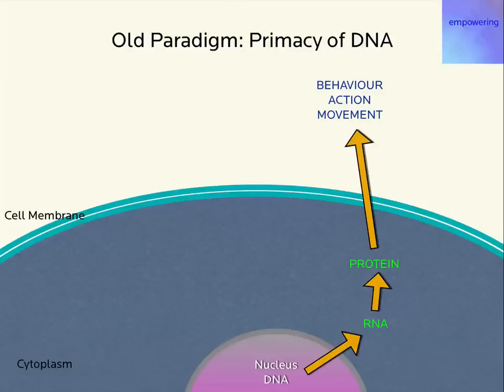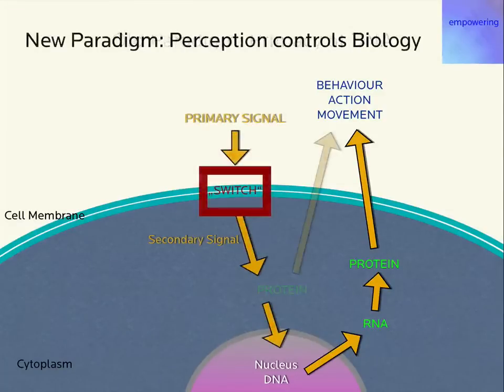But then they found out, and that's basically the work of Bruce Lipton, that in the new paradigm we have to accept that perception actually controls the biology in terms of what comes from outside. The primary signal that we perceive through a kind of chemical switch then creates a signal that tells the DNA to synthesize proteins and then produce behavior and action, movement and life.